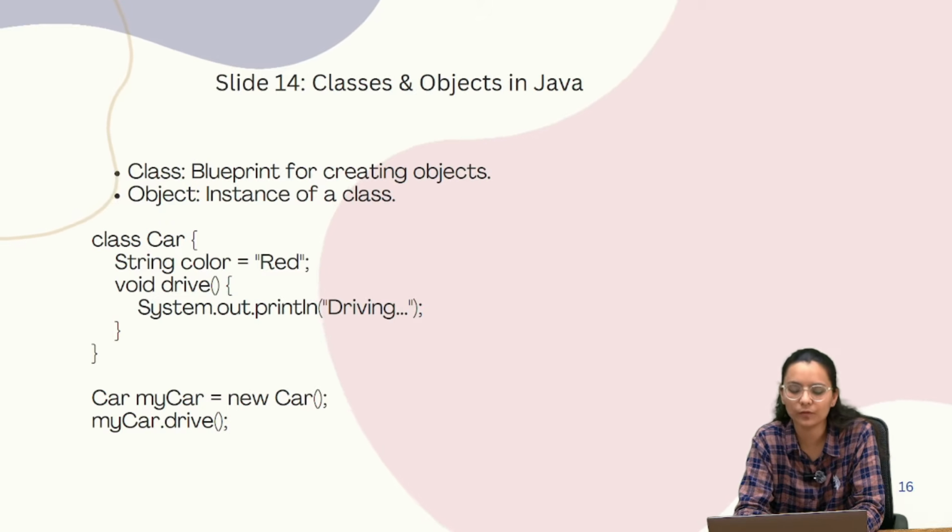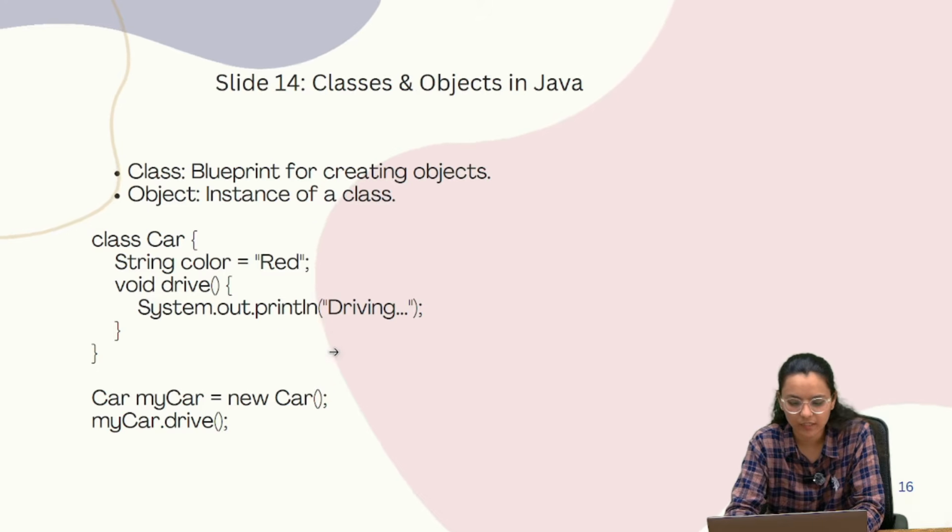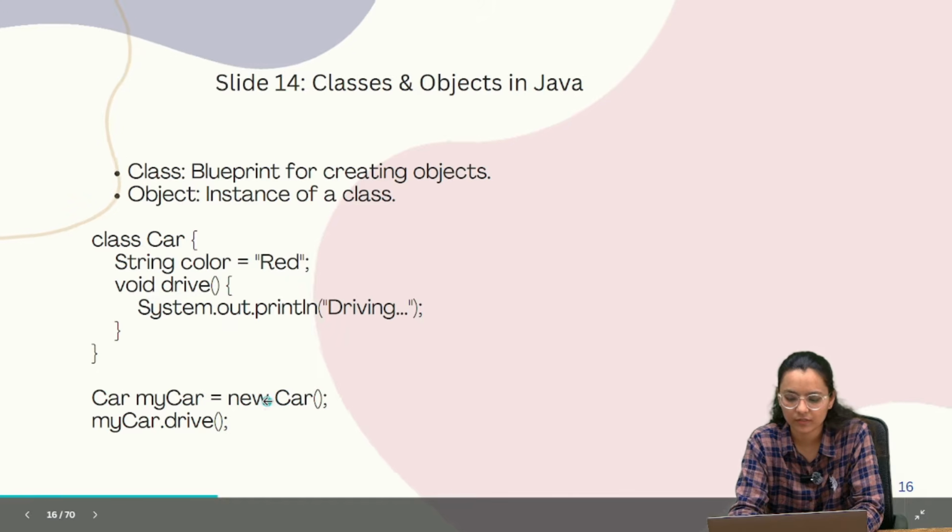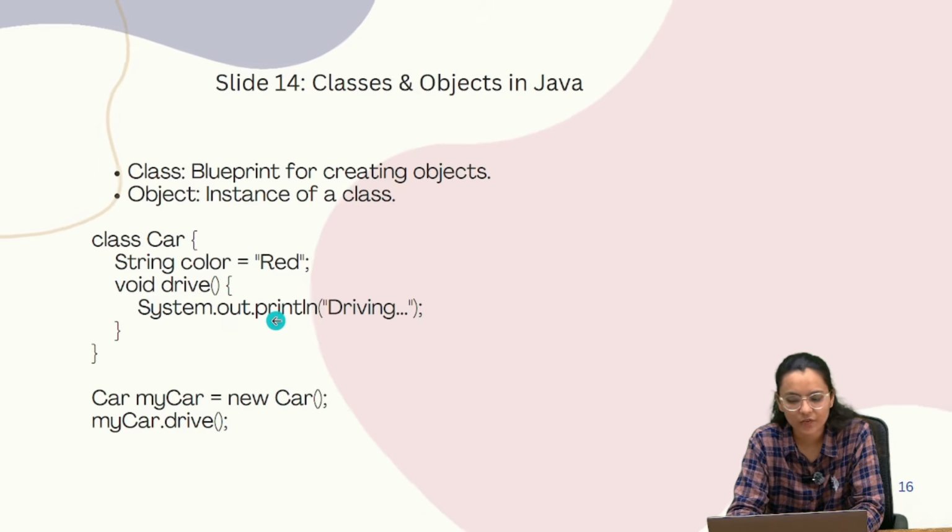You use the blueprint to create a real car. Got it? So here the class is the blueprint and the object is a real car made from the blueprint. In Java, a class defines properties and behavior, and an object is a real instance of that class.